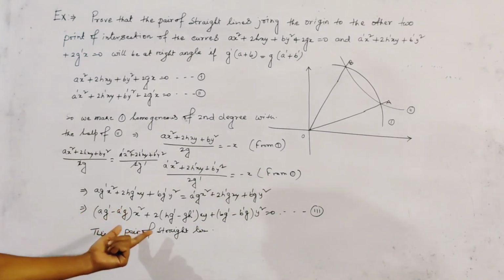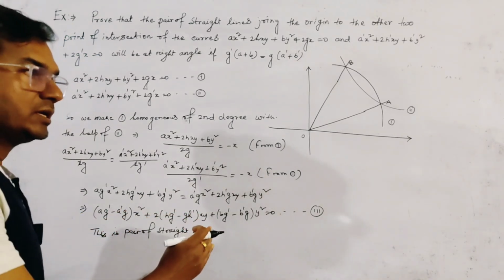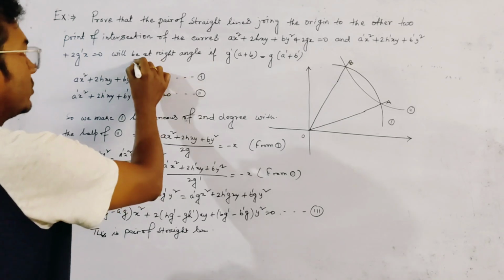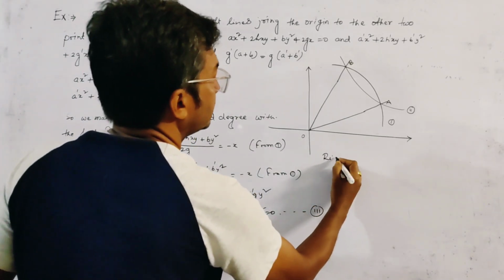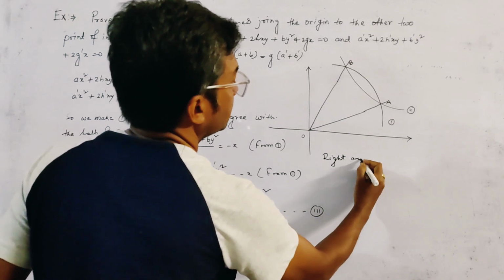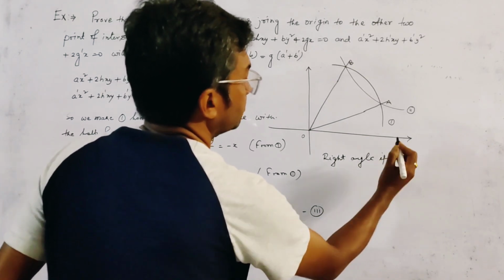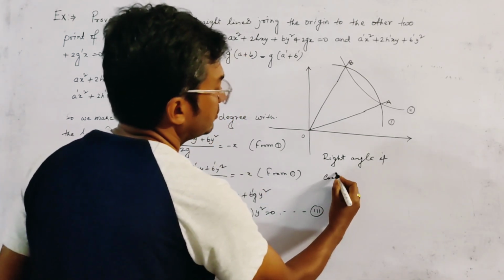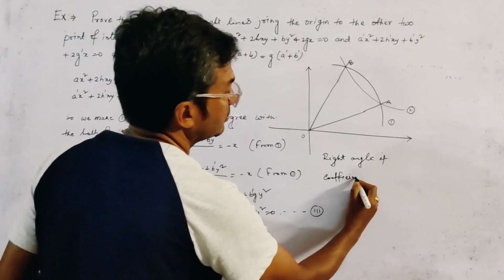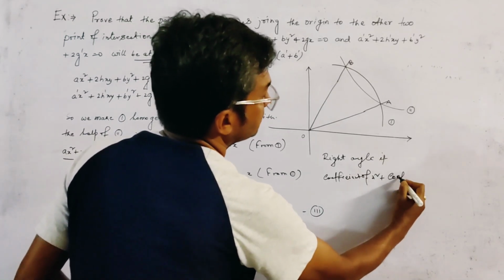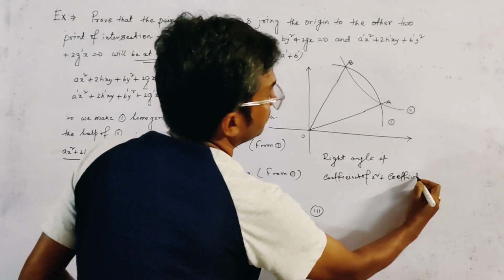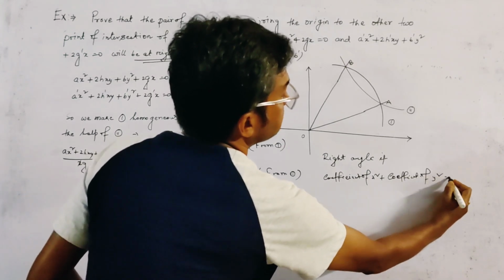Now this pair of straight lines 3 is perpendicular, or at right angle, if the coefficient of x square plus the coefficient of y square is equal to 0.